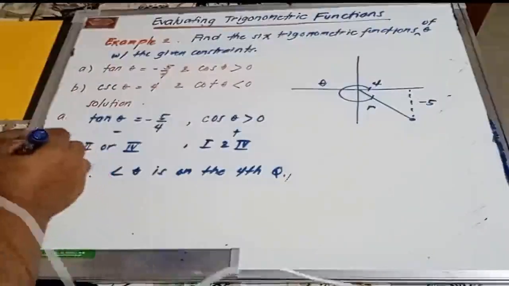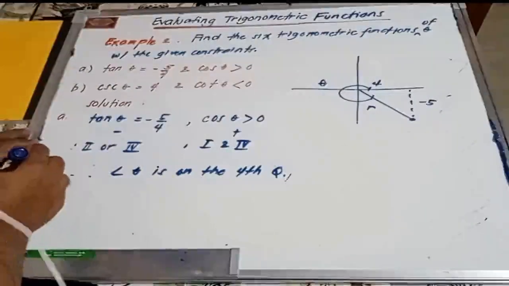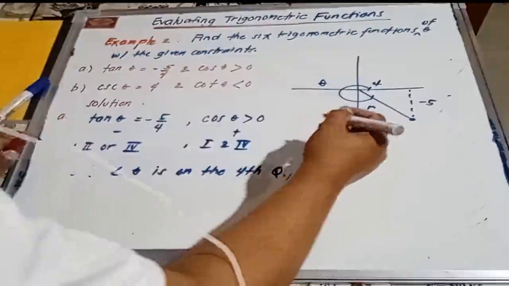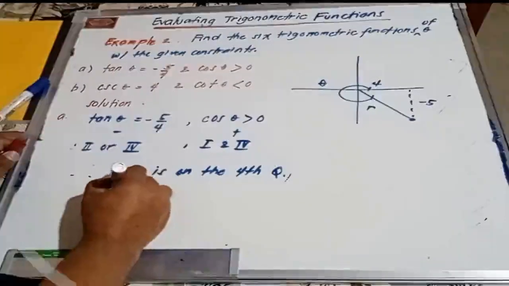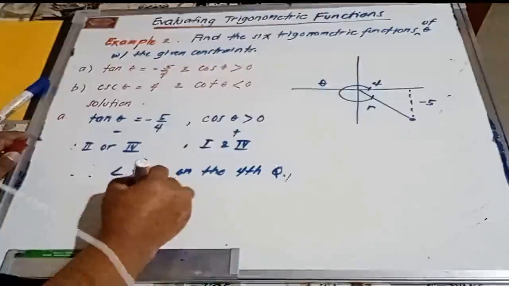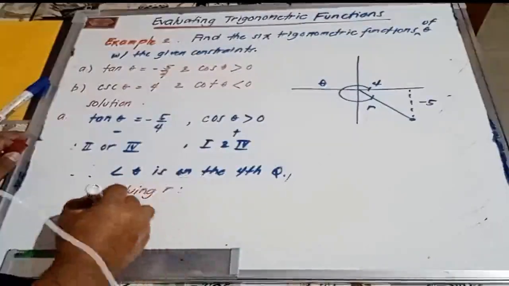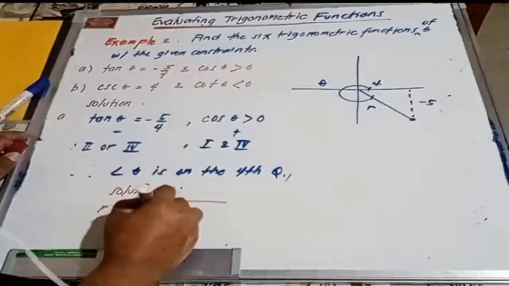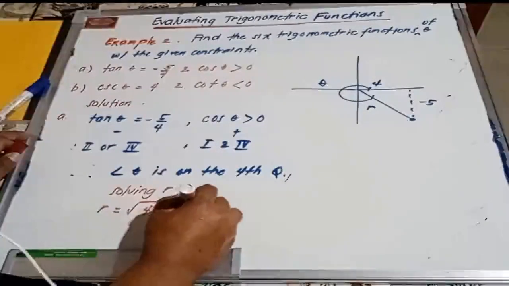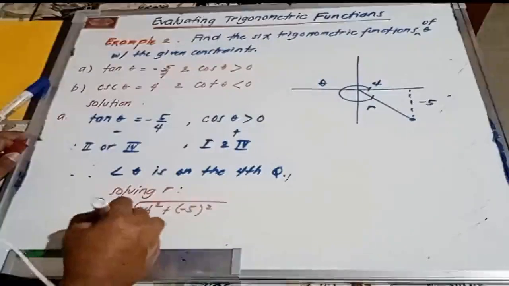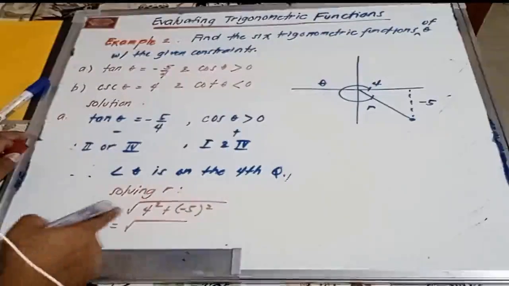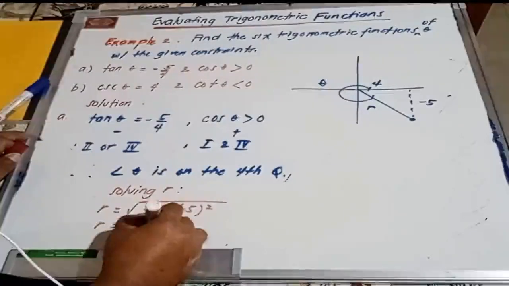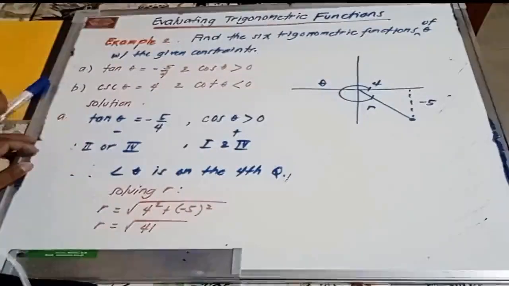Isolve muna si R. R equals square root of 4 squared plus negative 5 squared. R is equal to square root of 16 plus 25, that is square root of 41. Okay, yun ang gagamitin natin.